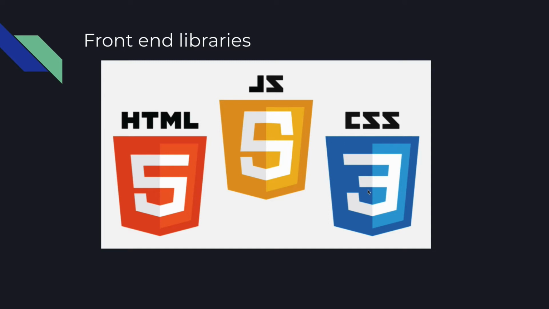CSS stands for Cascading Style Sheets, which defines styling and animation so that the website looks more attractive and lively. JavaScript is a programming language that manipulates the content of the application. It builds and styles HTML elements, interacts with user behavior, or even handles HTTP requests.